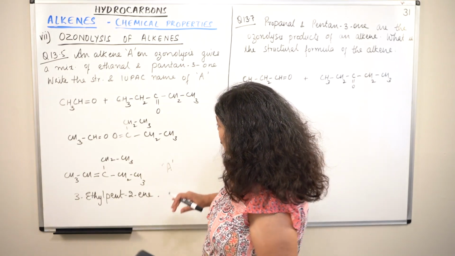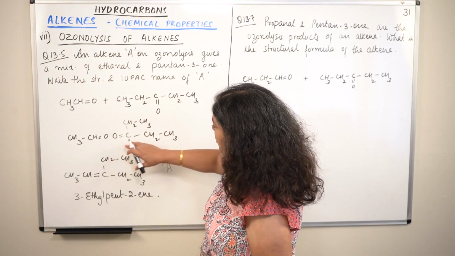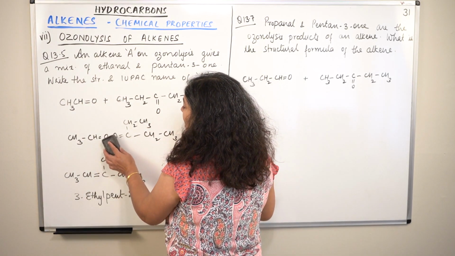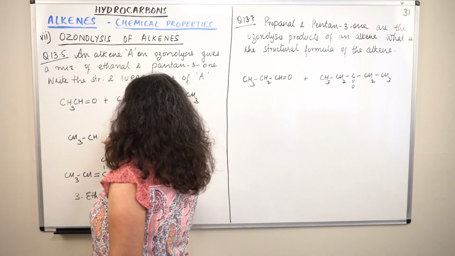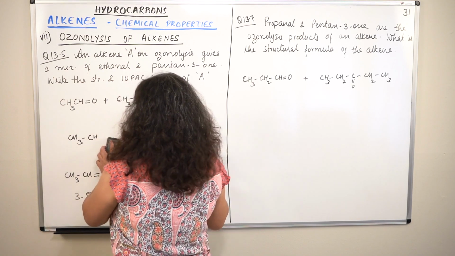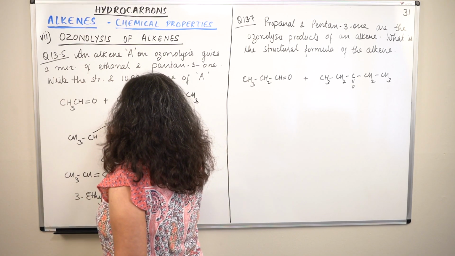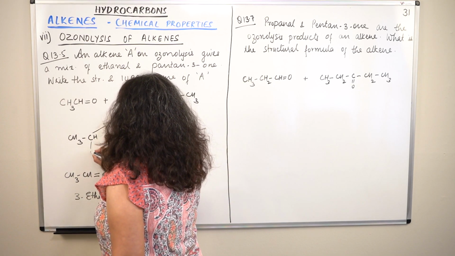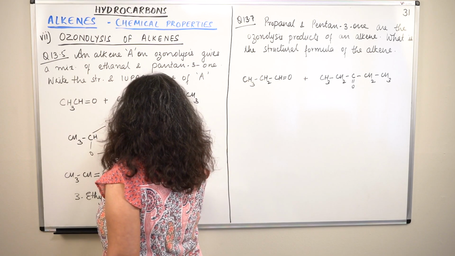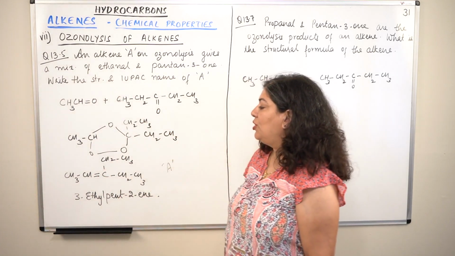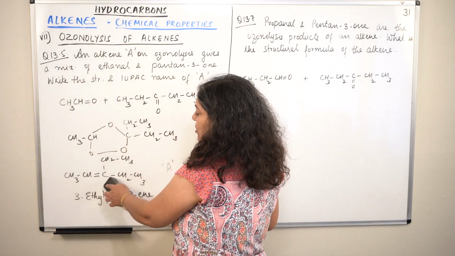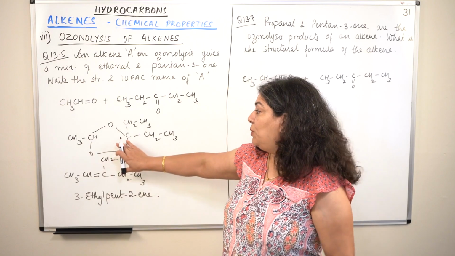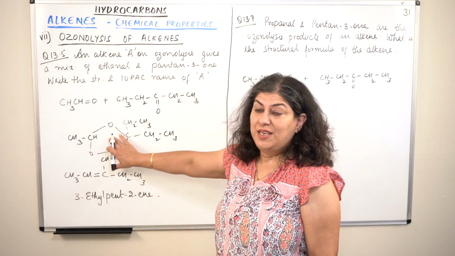In this question also, when I put the two adjacent, I could have removed these two oxygens and made an oxygen here and an oxygen here and connected it to this. This would have formed the ozonide. And if you remove the oxygens and make a double bond instead, you would get the final product. This would be the structure of the ozonide, that is the intermediate.